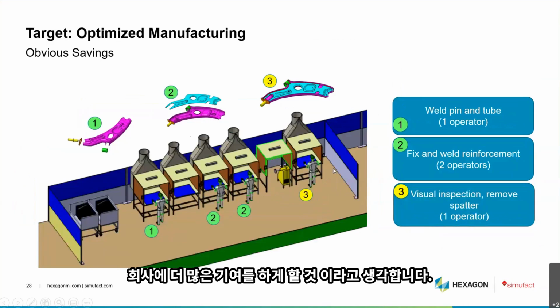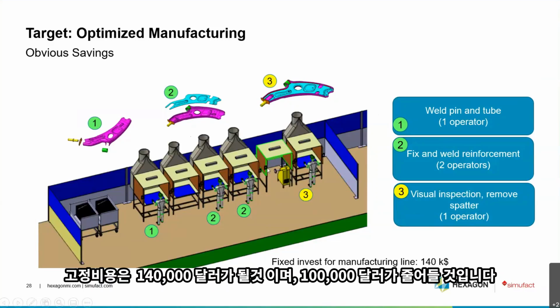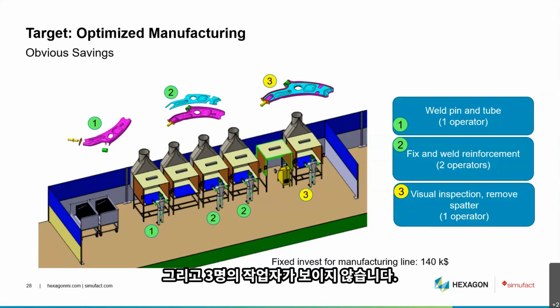And this is how such a line without this corrective work could look like. The fixed invest for this would be $140,000, so 100,000 less, and the 3 operators are no longer visible here.